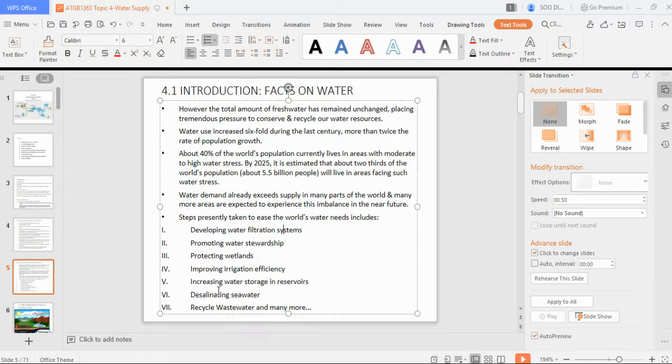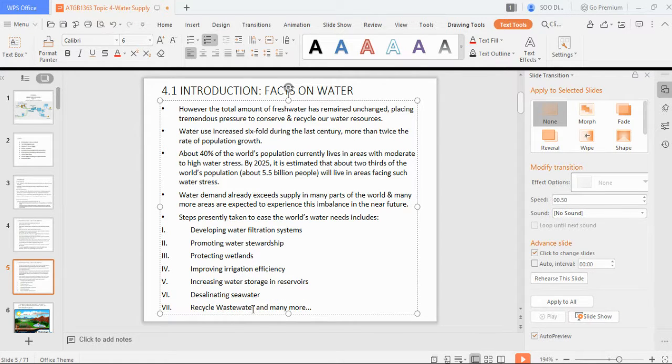So desalinating seawater is about changing seawater into fresh water. This is actually a very expensive process, where you try to obtain distilled water and extract the water, but you remain the salt. And finally, you have the recycling of wastewater, like rainwater or maybe your toilet water.